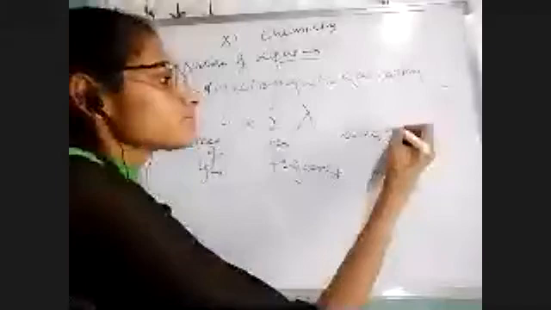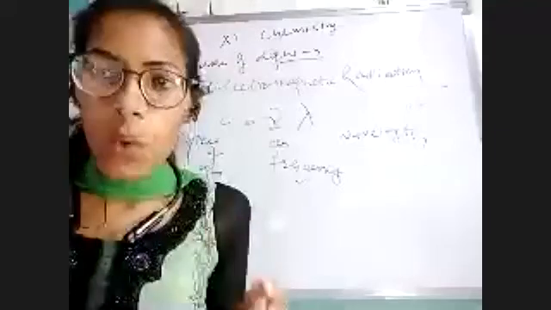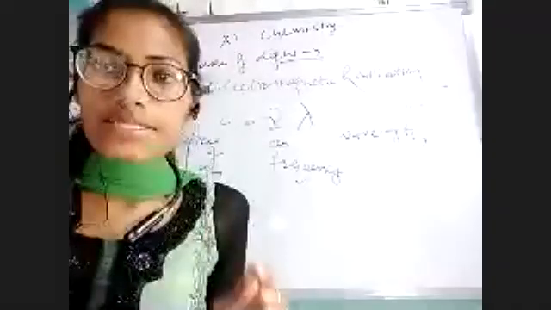Okay. Now, the frequency, I have already told you that frequency tells you about the number of waves in 1 second, the number of waves per second. So its unit must be per second, or we can say its unit is hertz. Hertz was actually a scientist who described frequency.